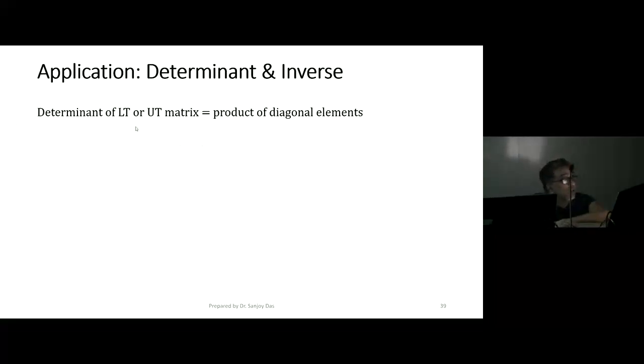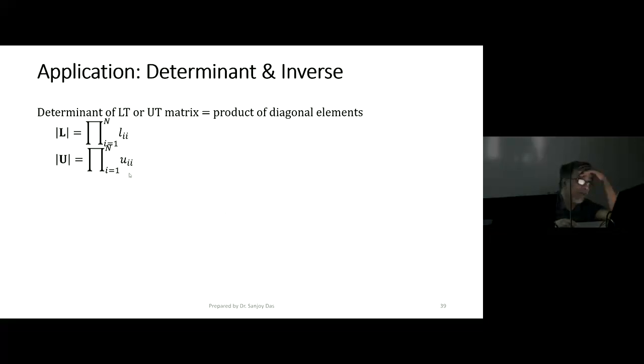Now, the determinant of a lower triangular or upper triangular matrix is the product of the diagonal elements. So this is the determinant of a lower triangular matrix: the L_ii are the diagonal elements, I take the product, and get the determinant. Likewise for the upper triangular matrix.